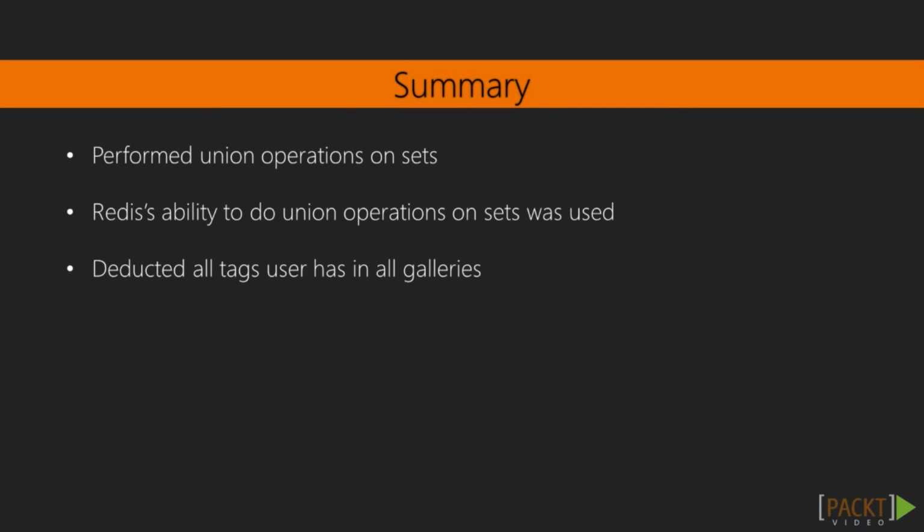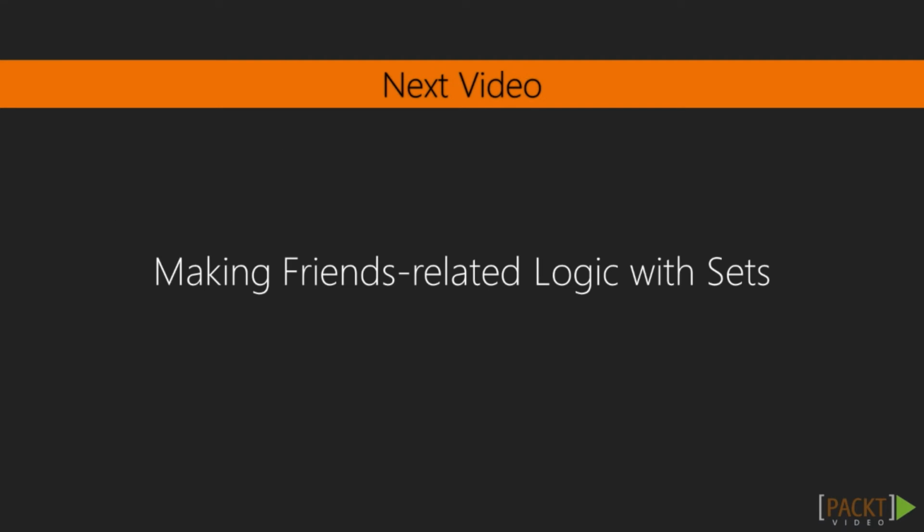At this point, we have seen the union operation. At the same time, we discussed how an unscored tag cloud can be built from sets of gallery tags using the union operation. In the next video, we're going to finish discussing sets by covering another two operations on sets, intersection and subtraction.